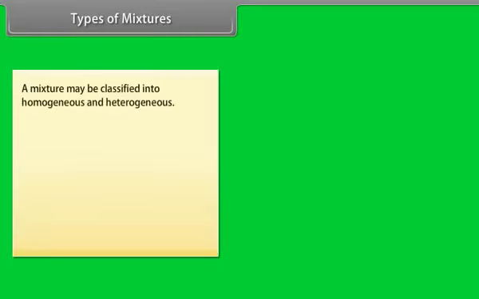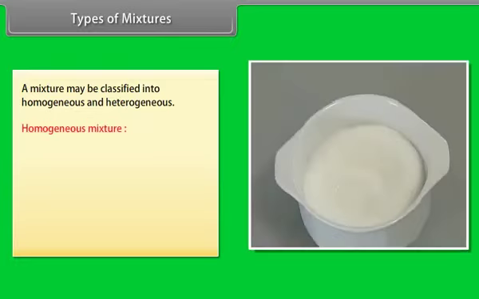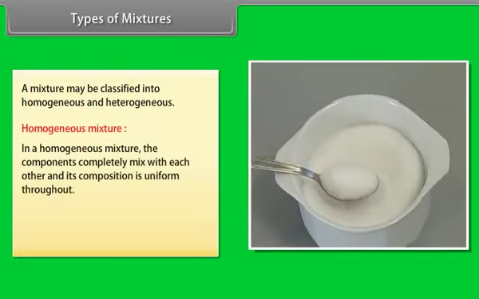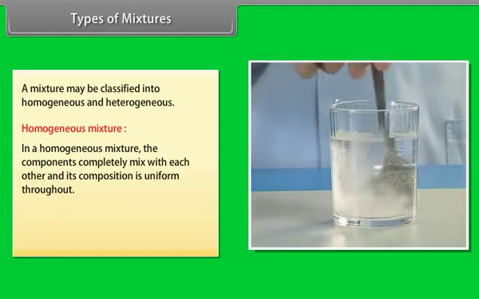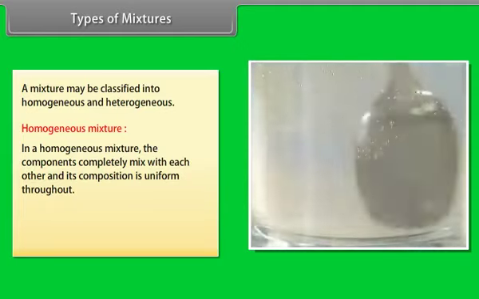Types of mixtures. A mixture may be classified into homogeneous and heterogeneous. Homogeneous mixture. In a homogeneous mixture, the components completely mix with each other and its composition is uniform throughout.